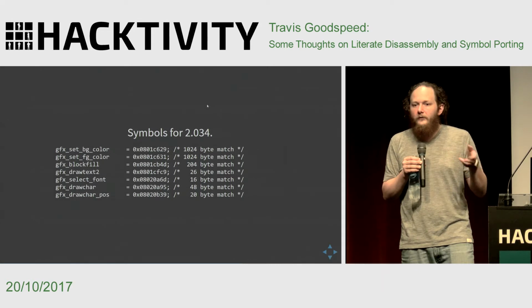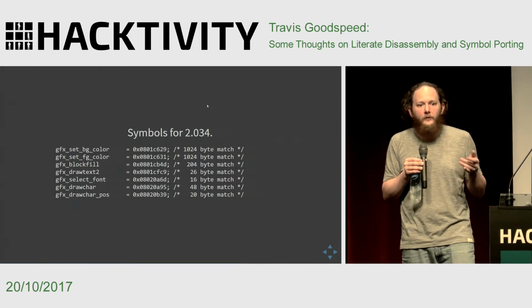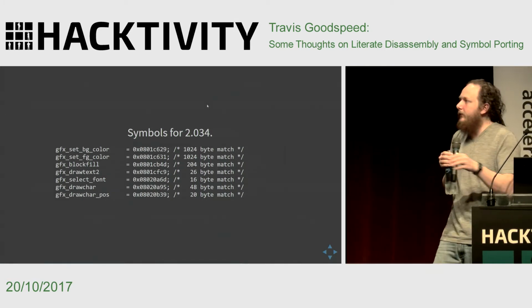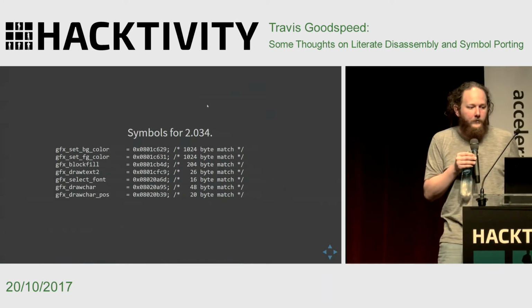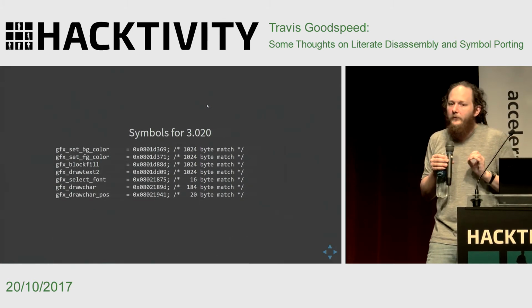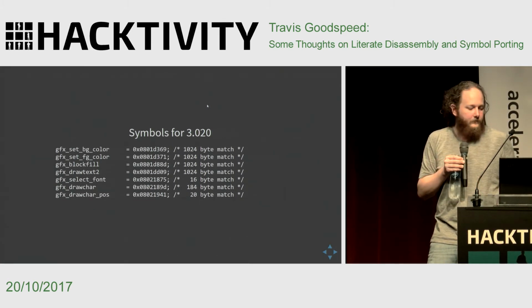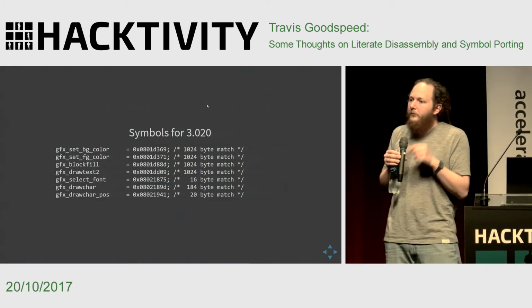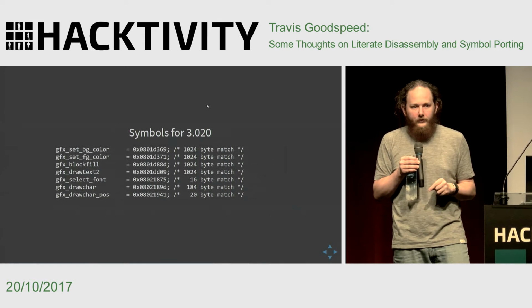And for porting an entire version, it might be as few as 3 or 4 functions that need to be manually identified. So that I can then take the symbols for version 2.034, and my tool will automatically have them for 3.020. All with very little code, with very little time, and most importantly, with no manual intervention.